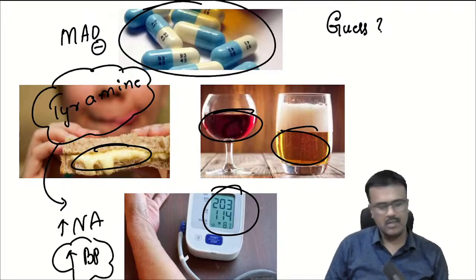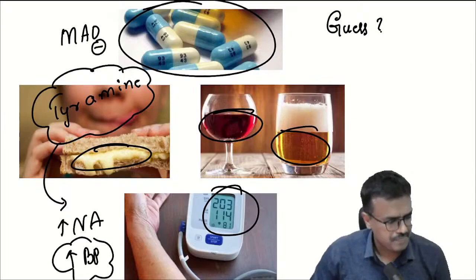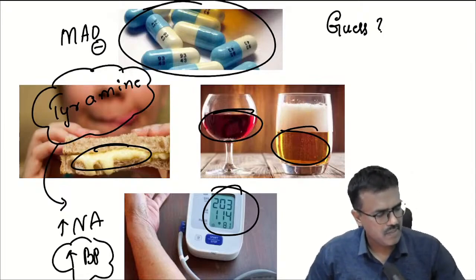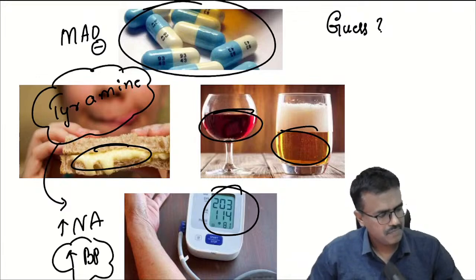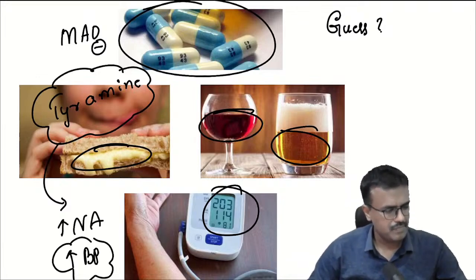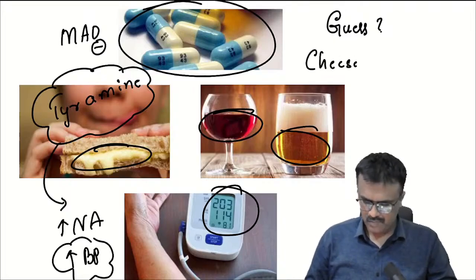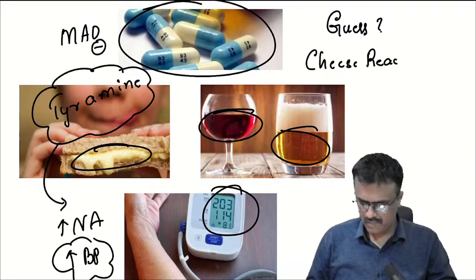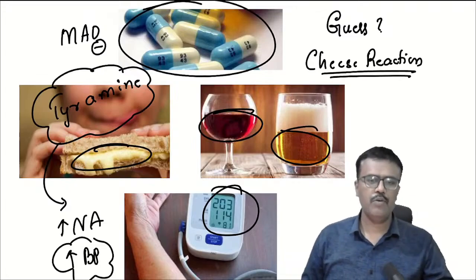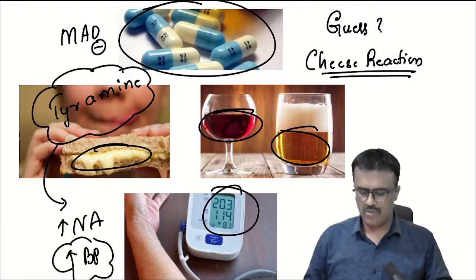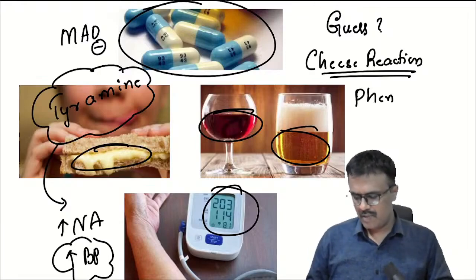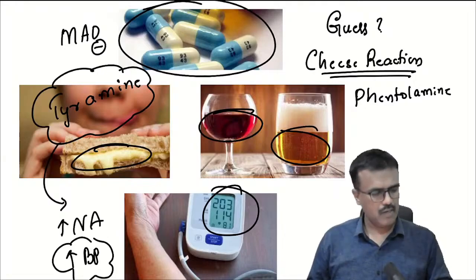So this is the cheese reaction. So the BP is high. How do you bring down BP? Give an antihypertensive. The antihypertensive which can be given is phentolamine, which is an alpha blocker.